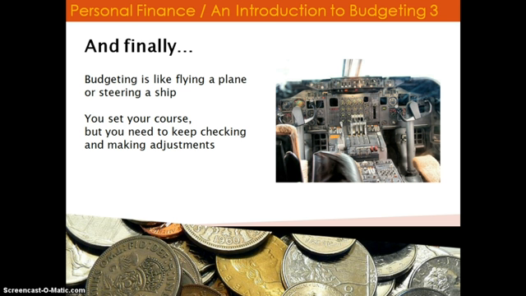Now, if you've been following along so far, you should now have a very clear idea of what your budget is, and you should have a very clear idea of any actions that you may need to take to improve things. But budgeting is a bit like flying a plane or steering a ship. When you do these things, you set your course, you point the vehicle in the direction that you want to go.